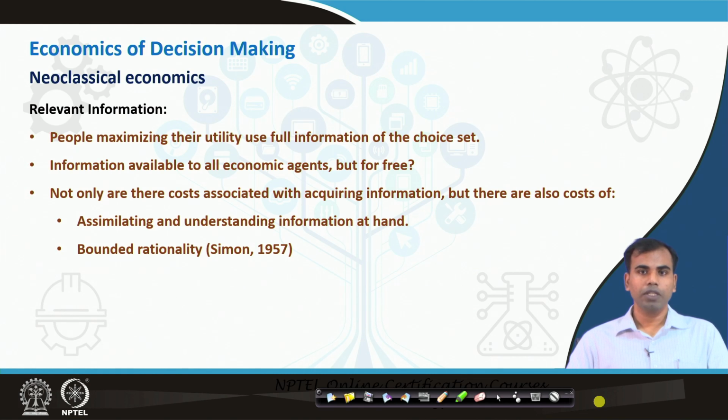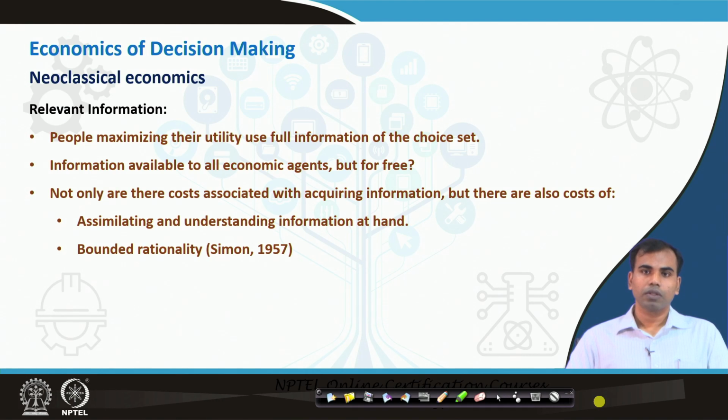Also, every piece of information comes with a cost, and not all of us are able to incorporate that cost in our decision making. Based on these arguments, there are some contradictions to the basic assumption of availability of information for utility theory.